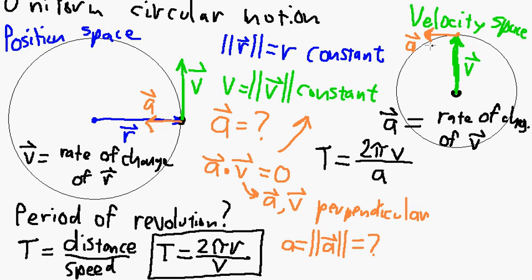Now, what does the time it takes to go all the way around this circle have in common with the time it takes to go all the way around this circle? It's not hard to see that they're the same. When you start over here, you've got your position over here and your velocity pointing up. Here you've got your velocity pointing up, acceleration pointing that way. Then when this thing gets up to about the top, the position is like this, velocity is like this.